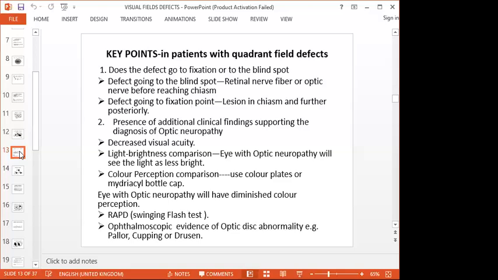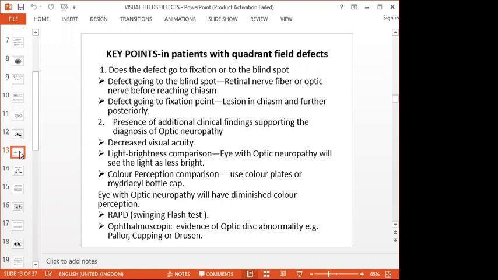On the other side, there is optic neuritis. Then the eye with optic neuropathy will have diminished color perception as well.